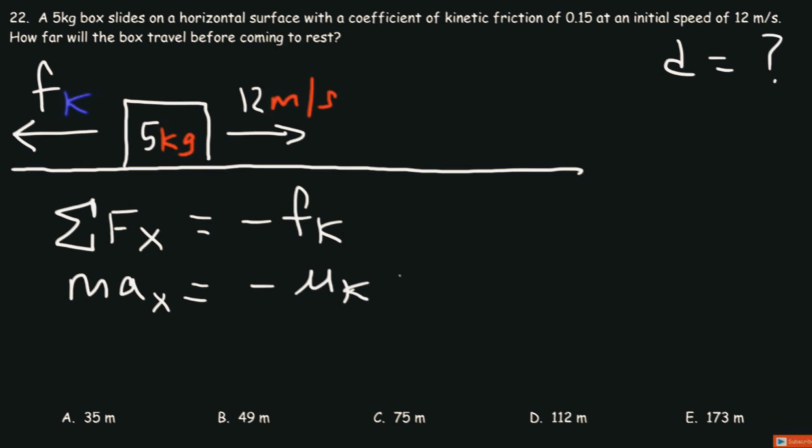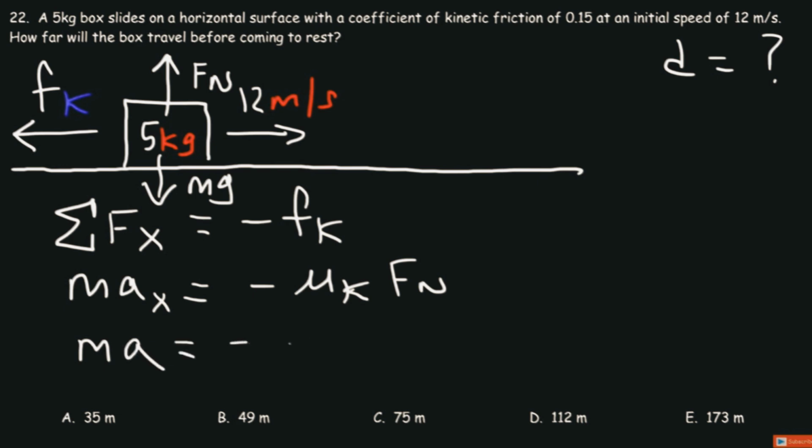The normal force has to be equal to the weight force because the net force in the y direction is 0, so we can replace Fn with mg. So therefore we can cancel the mass on both sides. And so the acceleration of this box is negative mu k times g. The acceleration is negative because the box is slowing down to rest. It is decreasing.